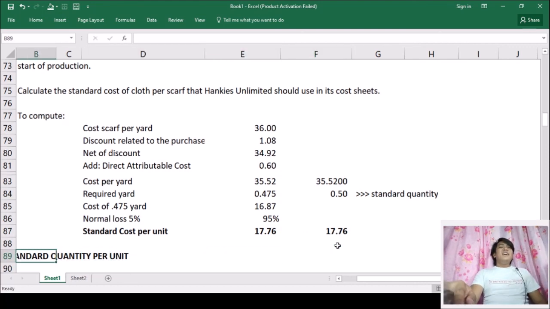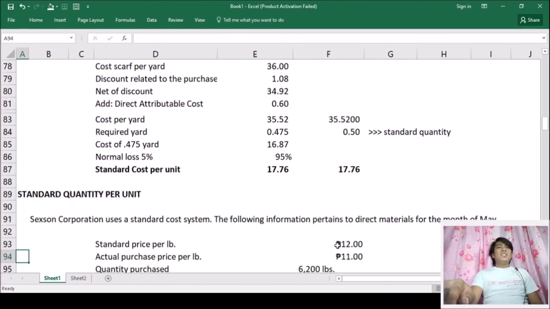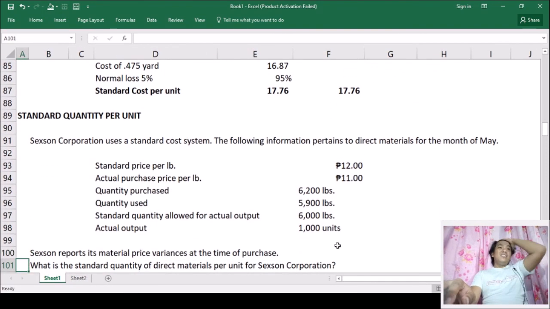Okay. Next, the standard quantity per unit. Saxon Corporation uses a standard cost system. The following information pertains to direct materials for the month of May. Standard price per pound is 12 pesos, and the actual purchase price per pound is 11.